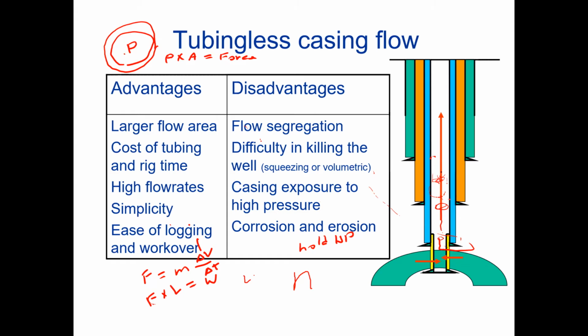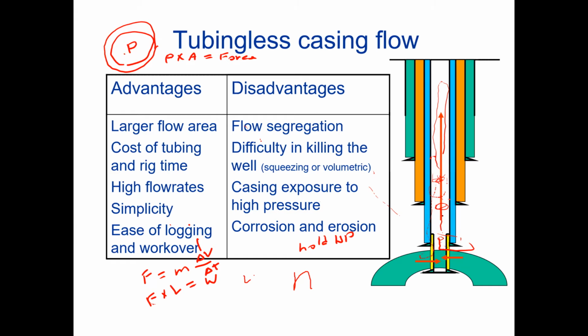You cannot inject normally by bullheading, what is called bullheading, where you force the fluid into the formation. It's very difficult because you might have some solid particles coming out and they don't want to go in.